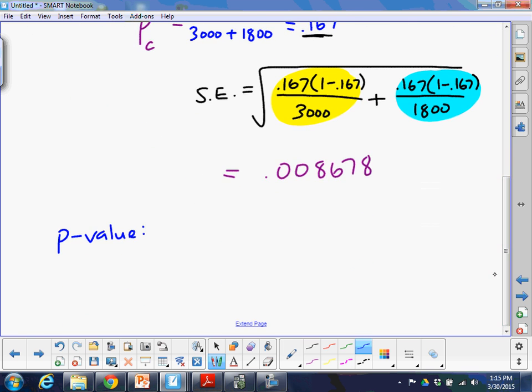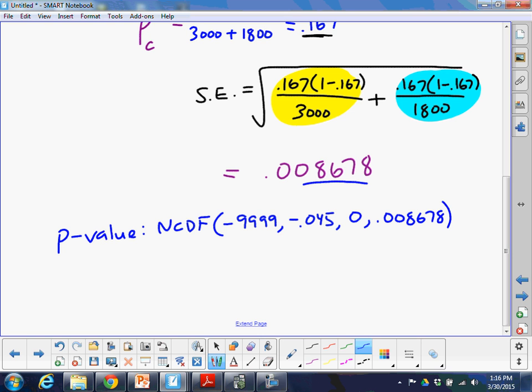It's going to be a normal CDF problem. We showed it's normal earlier. It's on the left, so negative 999 up to our value of negative 0.045. We had assumed the mean was 0 in the null hypothesis, and we just got our standard error here. So doing this should get us our answer.